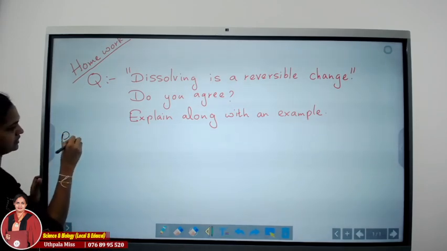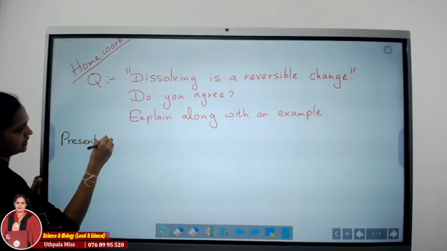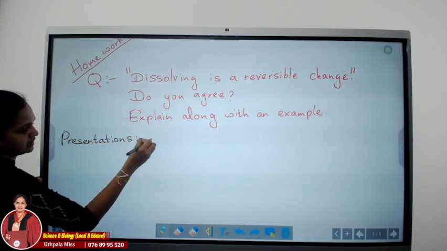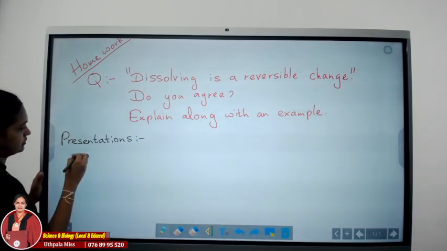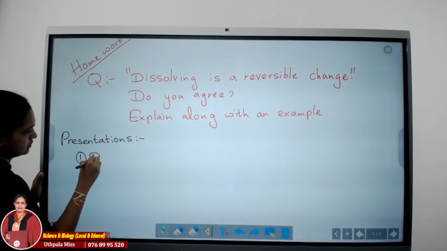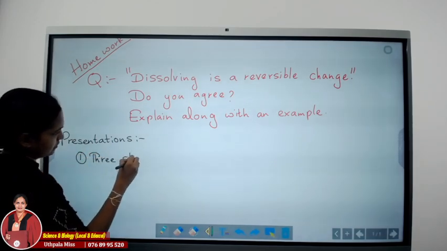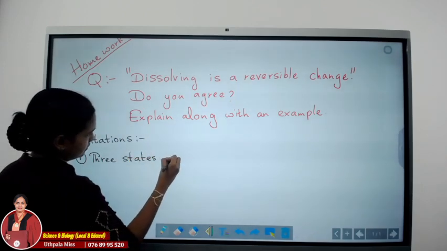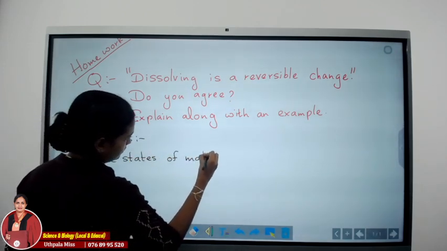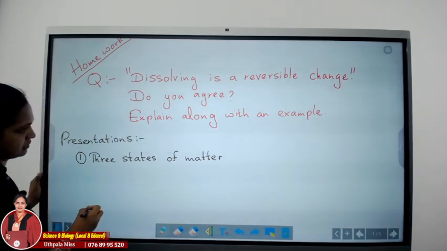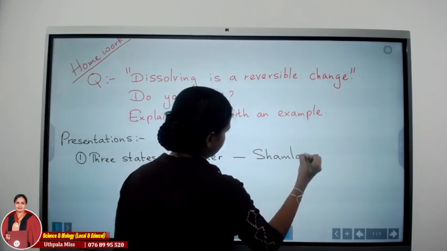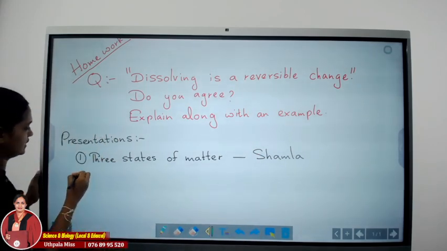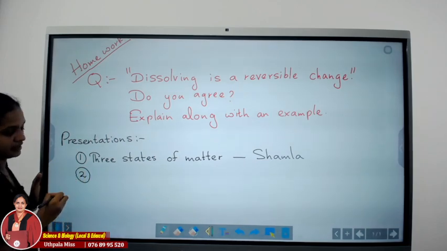Don't write this one, the one that I am writing here. Presentations, I will give 2 topics. Once you are given a topic, you have to do it in the coming week itself, because you are taking someone else's opportunity.